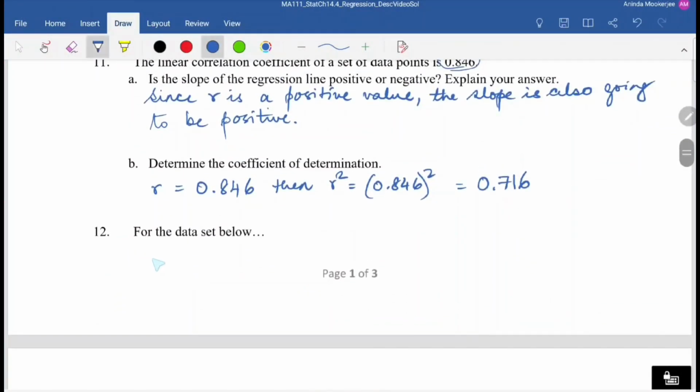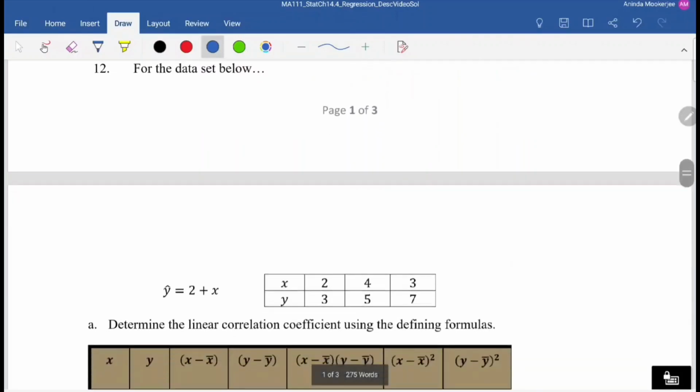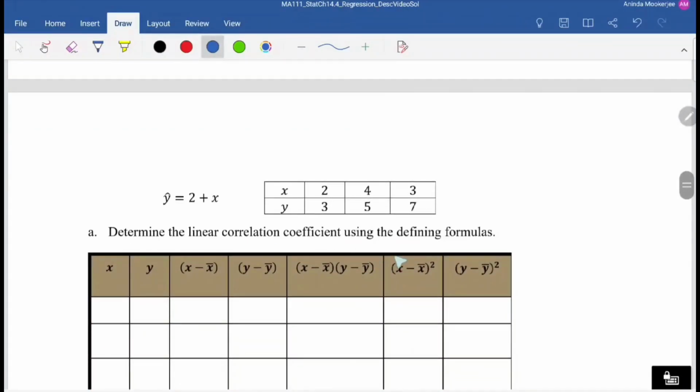Now for the next question, we have to find the r value using the defining formula.